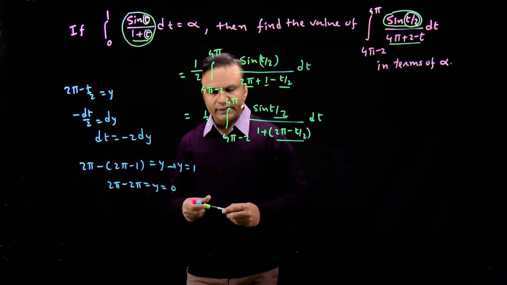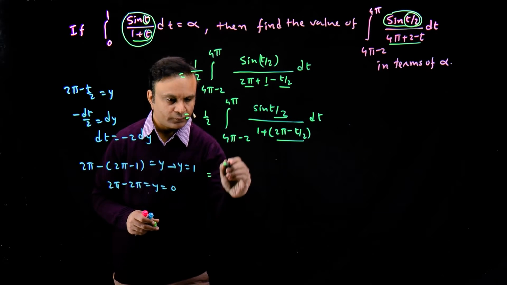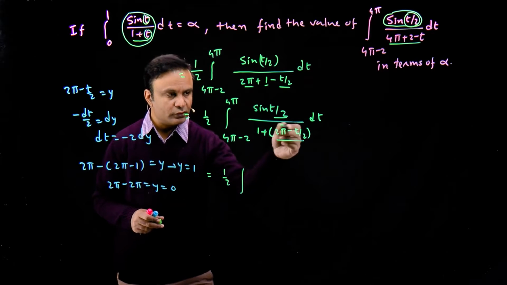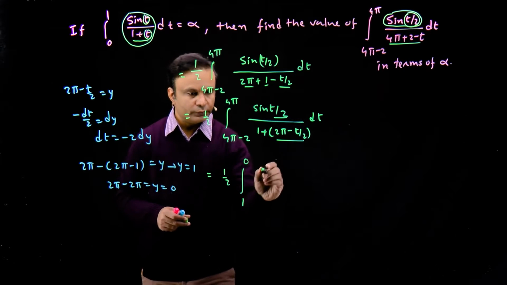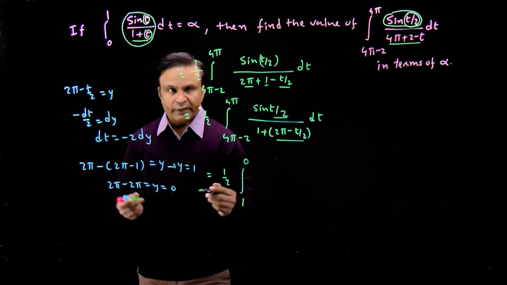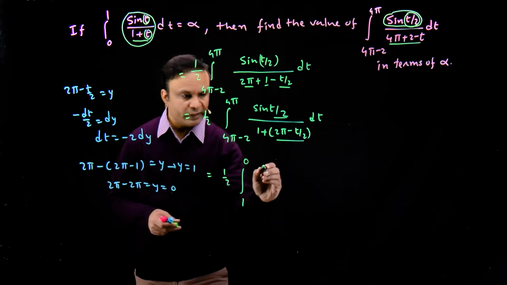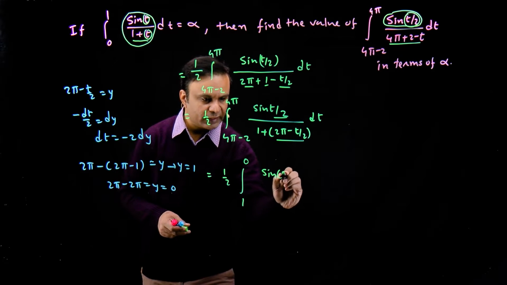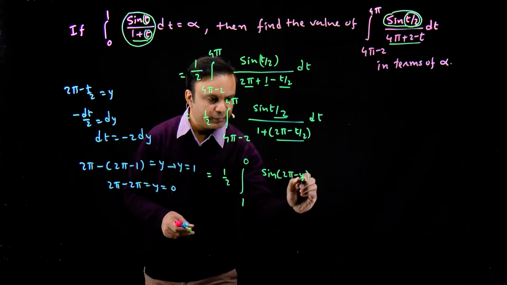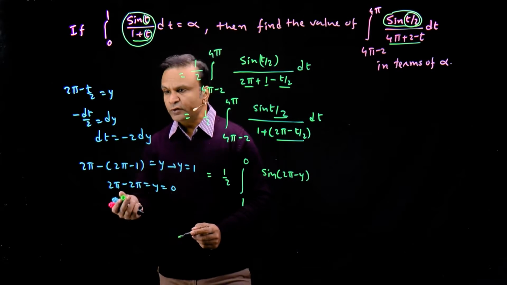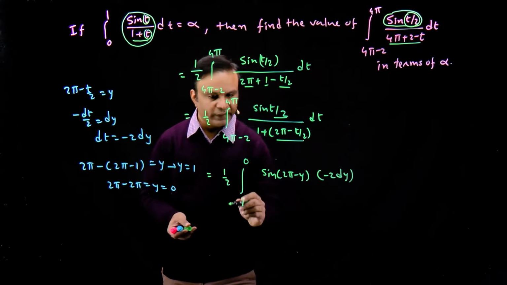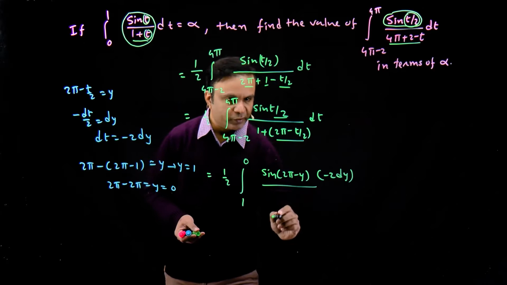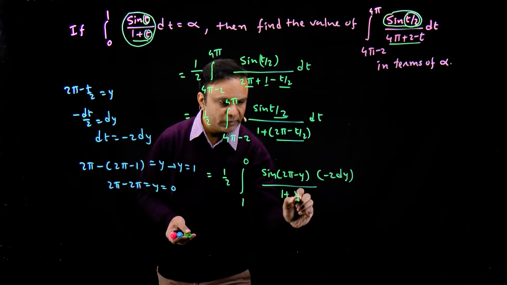Okay, so in this I will change limits and also function. I have 1 to 0. Okay, now t by 2 is 2 pi minus y. So I have here sine of 2 pi minus y, and the value of dt is minus 2 dy. Okay, in denominator we have 1 plus y.